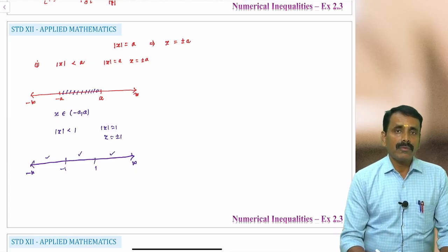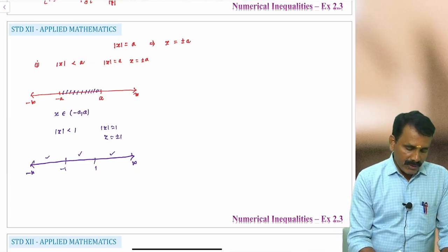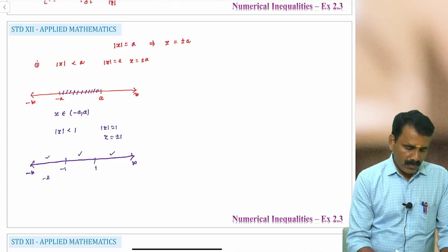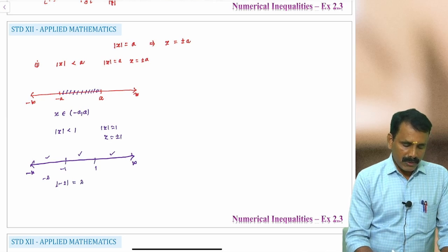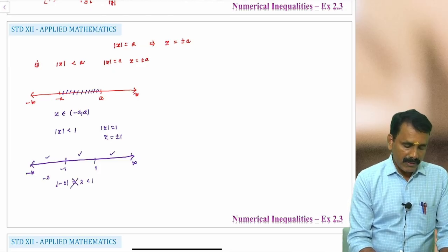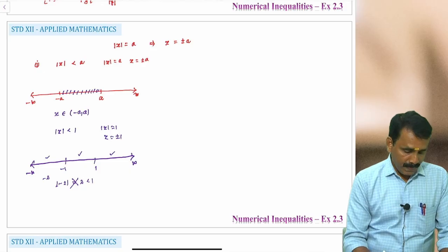How to find the value now? If I take any value in minus infinity to minus 1, suppose minus 2, what happens to modulus of minus 2? Modulus of minus 2 will be equal to plus 2, but 2 is not less than 1. So this is not the solution set. My solution will not lie in the interval minus infinity to minus 1.